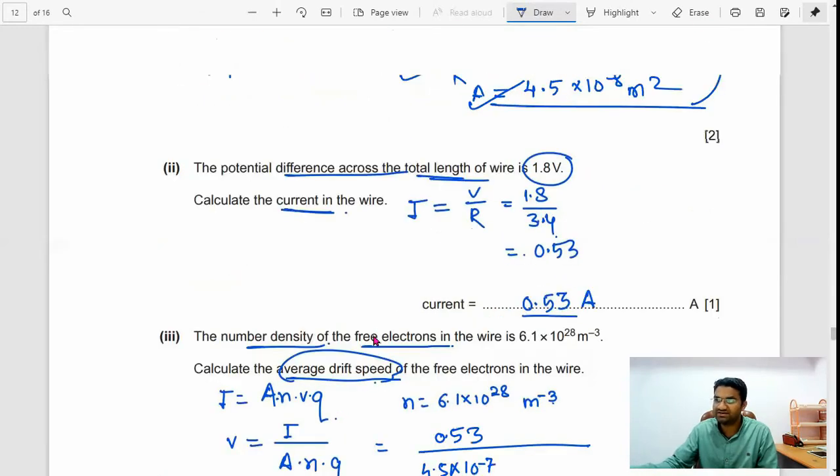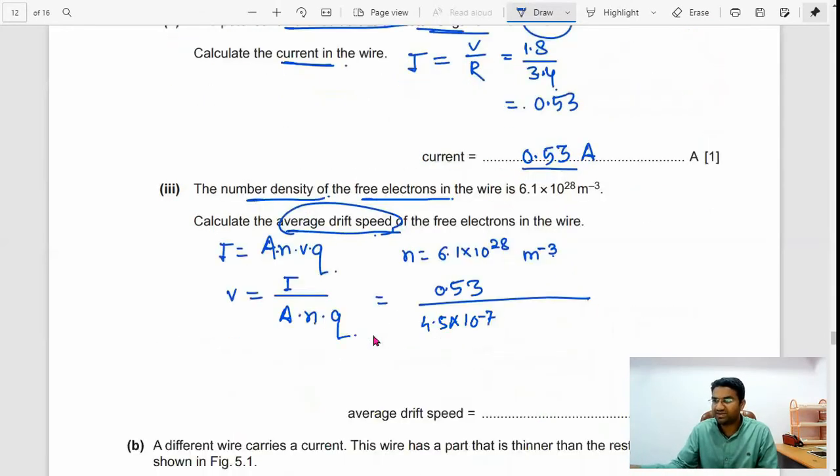Then times the density, 6.1 times 10 raised to 28. Then q, the charge, is 1.6 times 10 raised to negative 19, the charge on the electron.